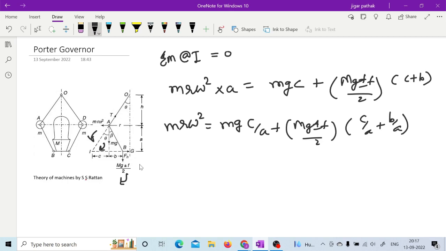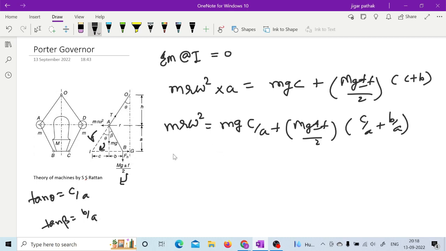Now if you look at the figure, c by a and b by a are tan theta and tan beta. From the geometry it is clear that tan theta is c by a and tan beta is b by a.